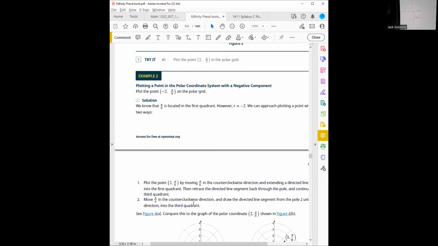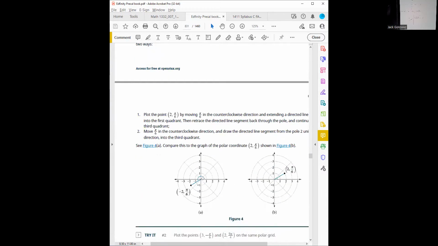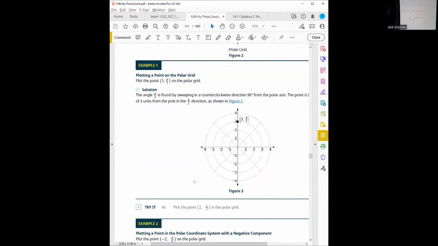But if they did, you could just say, I'm going to go to this specific angle and then go out to, instead of going over here and then going back. For example, this one's easy to see. I could have said this angle here is the same as -3 comma 3 pi over 2.